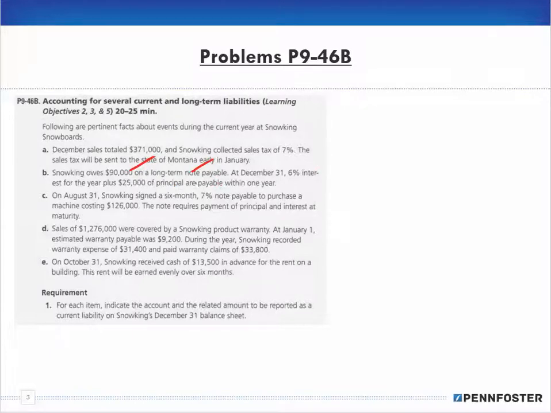Okay, so the current portion, let me write it down here, of the long-term notes payable, and I'm abbreviating long-term, is going to be the $25,000 because that is the principal during that year, and we have to take into consideration that there's 6% interest.